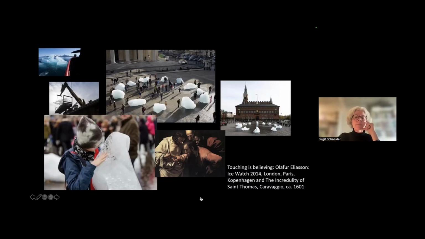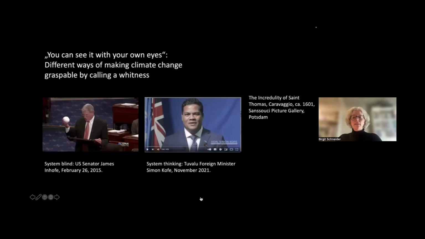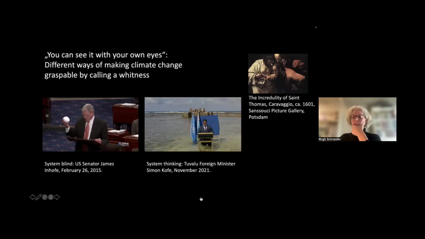And I put this painting by Caravaggio next to it, the Incredulity of Saint Thomas, der ungläubige Thomas, which is also this idea of seeing is believing. Sometimes it's not enough. Sometimes it has to be touching is believing. And maybe I will stop here, so we can have a discussion.